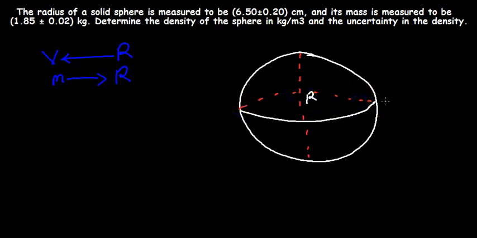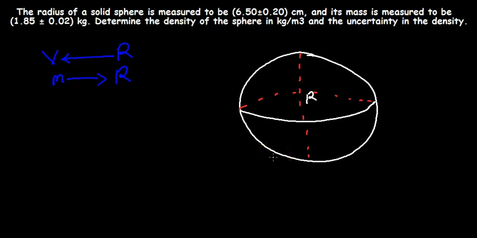So, from the question, it says the radius of a solid sphere is measured to be 6.50 plus or minus 0.20 in centimeter. And it has the mass which is measured to be 1.85 plus or minus 0.02 in kilogram. And what we are asked here is to simply determine the density of the sphere in kilogram per meter cube and the uncertainty in the density.